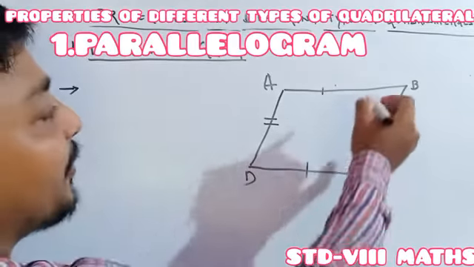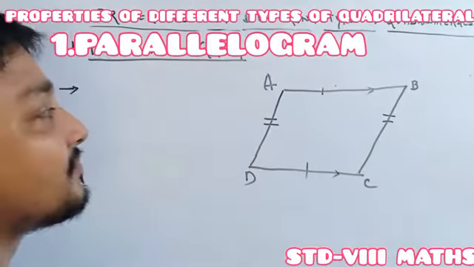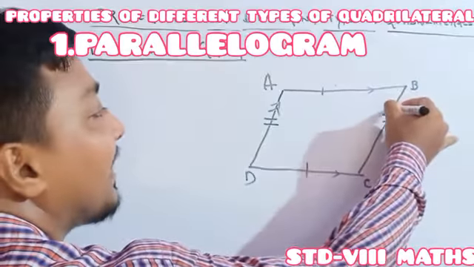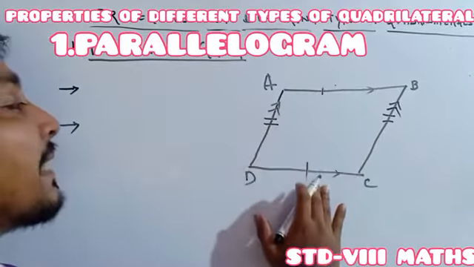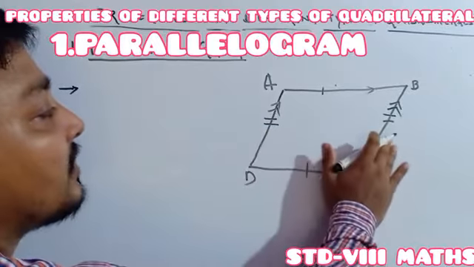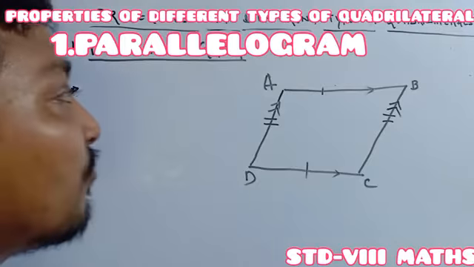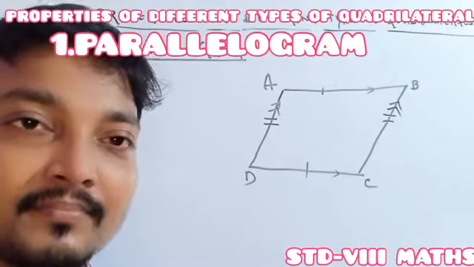Then another point I am saying, see, this is the symbol of parallel. It means pair of opposite sides are parallel. This one is parallel to this one. So first I said it is a quadrilateral.